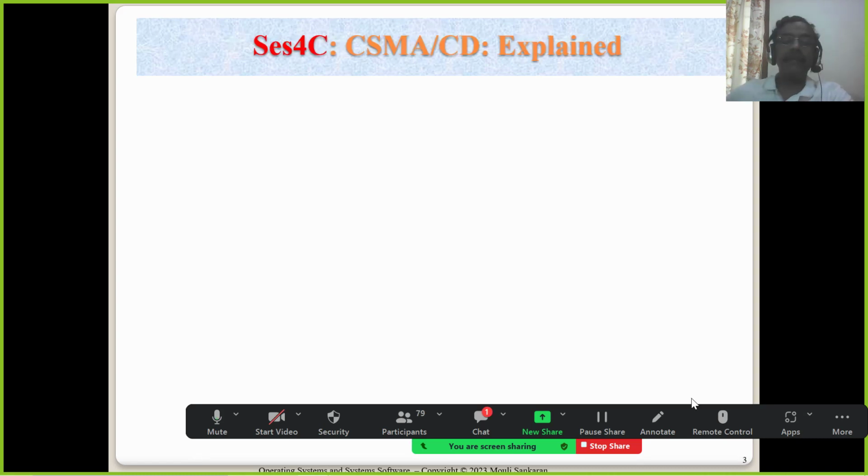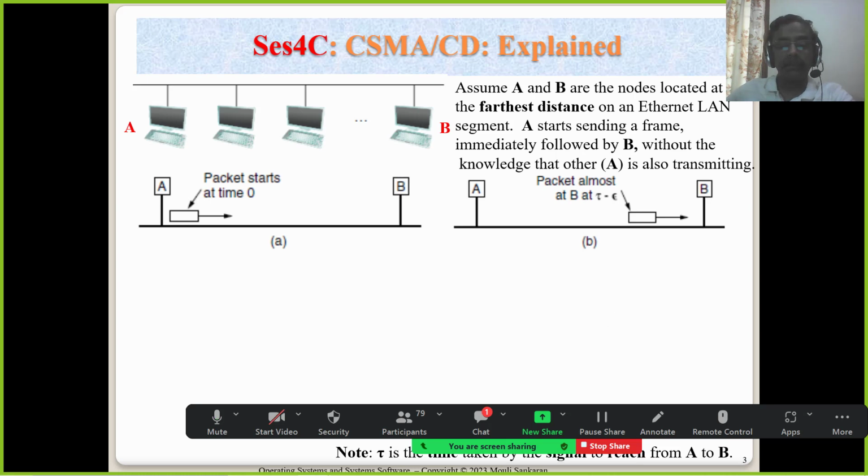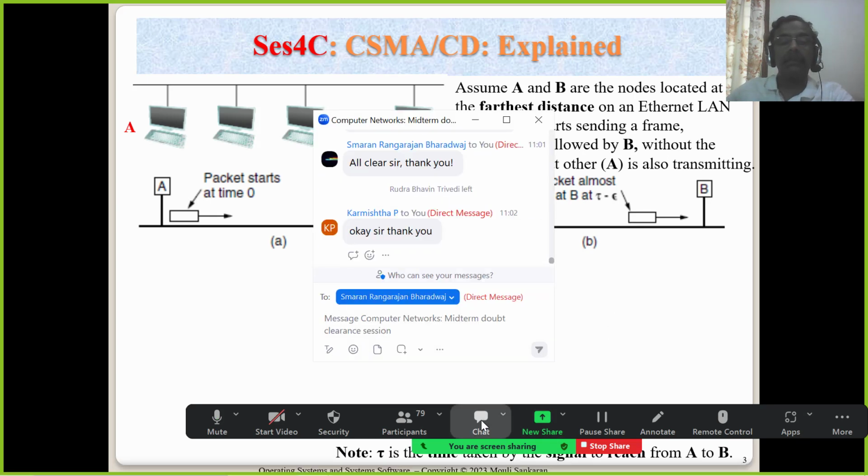Now what is CSMA CD? Can someone expand the CSMA? What is CSMA? Carrier sense multiple access. Okay, carrier sense, yeah, thank you.